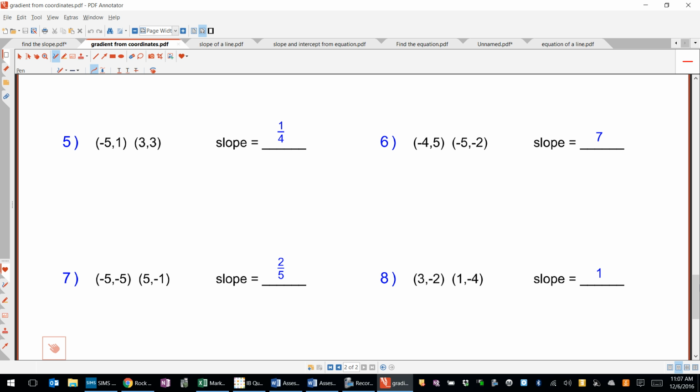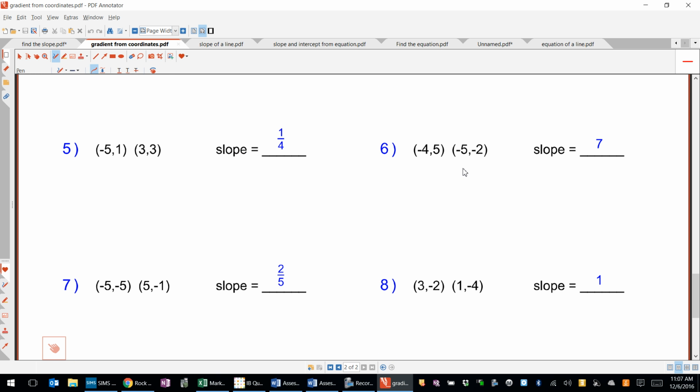Now actually, if you're able to work with the fractions of gradient, that should be pretty okay, because most of them will be whole numbers here. Number 6. Remember that rise is the change in y, and the run is the change in x.